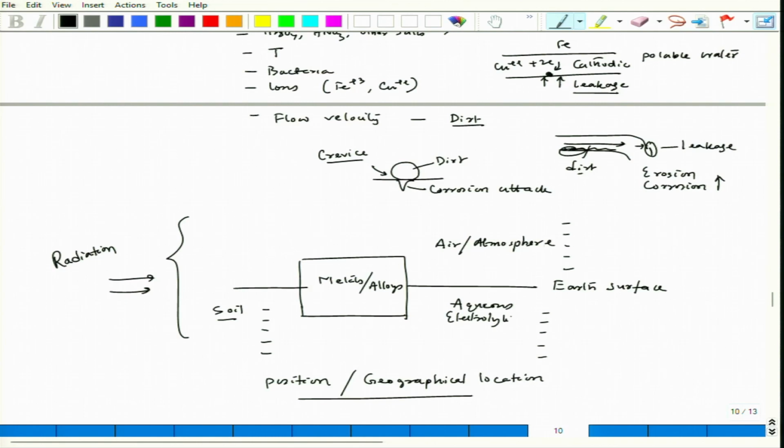Now, we have talked about some of the conditions that metals and alloys are exposed to, but metals and alloys can have several variations within themselves, like composition. Composition could be different, and microstructure could be different. With the same composition, we can have several microstructures, like steel.